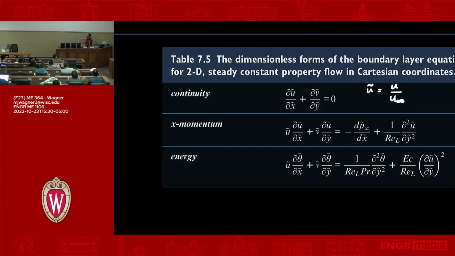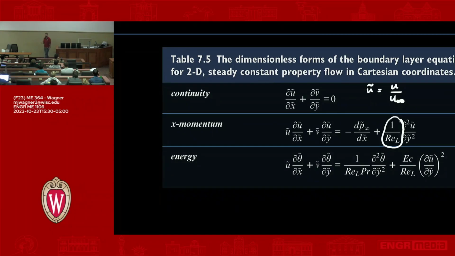And why do we do that? Well, one, it makes them useful in any situation. But two, it produces these little groups of terms, right? So in the X momentum equation, in front of the diffusion part of the equation, you have 1 over Reynolds number. So by non-dimensionalizing the X momentum, the Reynolds number actually comes out of that process.